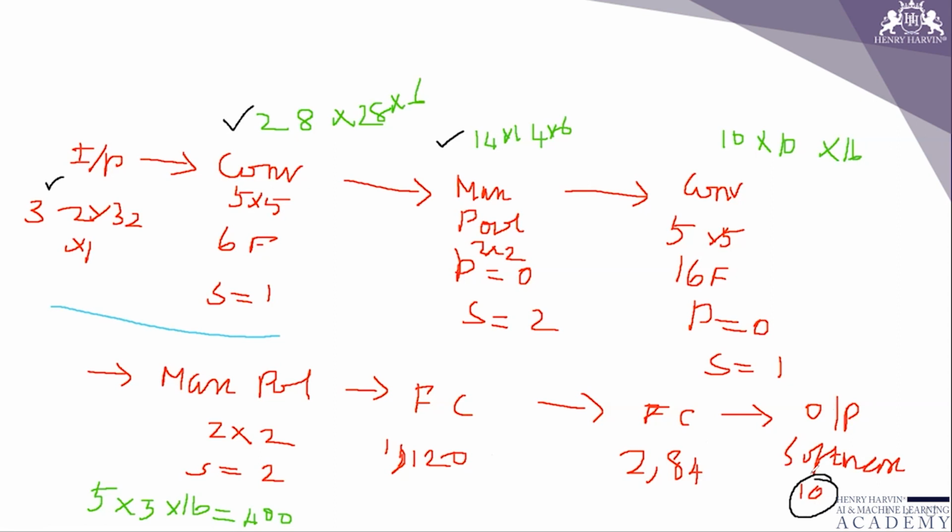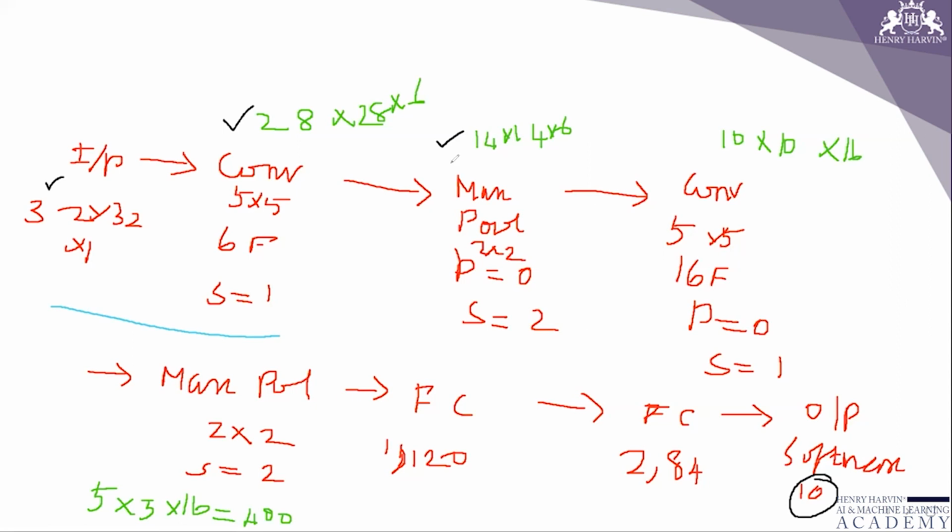Here we have output ranging from 0 to 9. It could be either 0 or 1 or 2 or 3 up to 9, right? So the total number of possible outputs is only 10. How will the output be selected? We are using the softmax activation function over here. It will calculate the probability for each number like 0 or 1. Whichever probability is the maximum, that will be considered as the output over here.